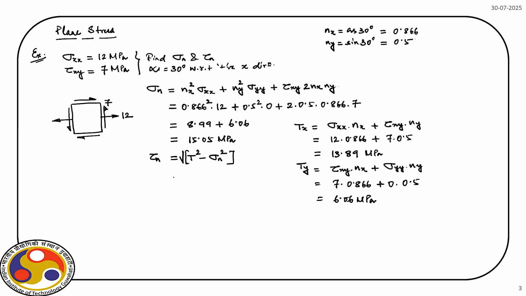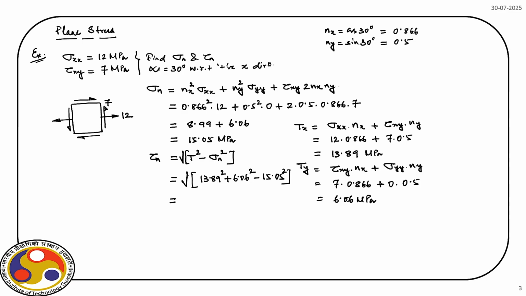Now, if we bring them here, we have 13.89 square plus 6.06 square minus 15.05 square.